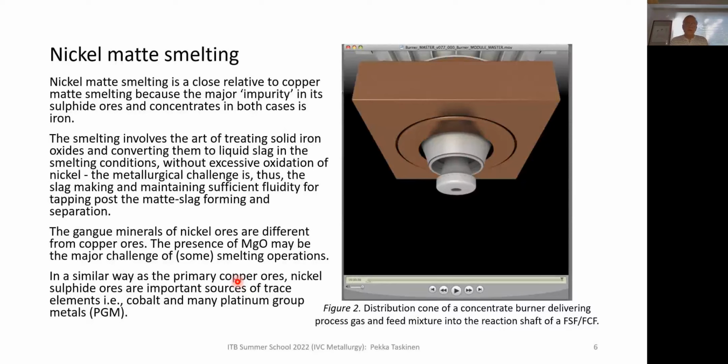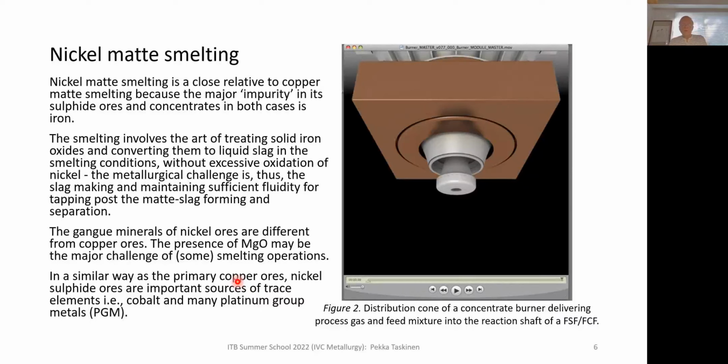Also, the skills needed to treat nickel sulfide concentrates are rather close to those of copper sulfide concentrate treatment, but you must be aware, for example, looking at the Ellingham diagram of nickel, iron, copper, and probably cobalt sulfides and oxides, that nickel is less noble than copper and cobalt as well.